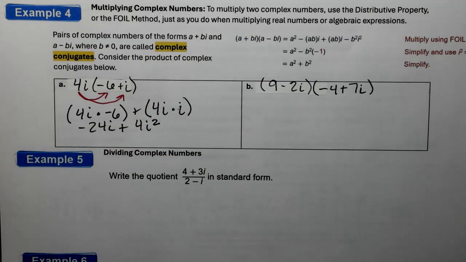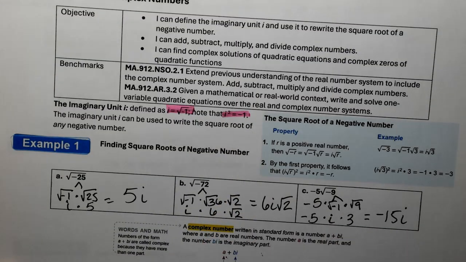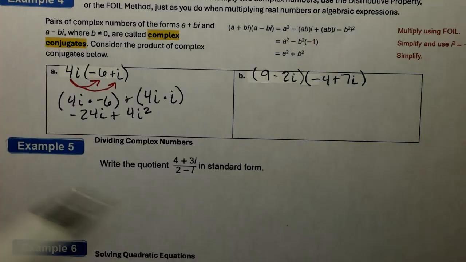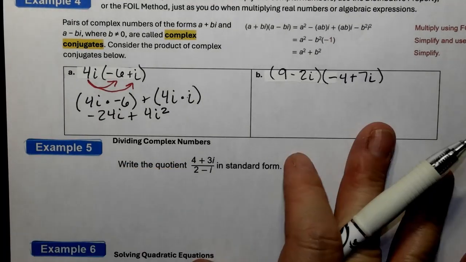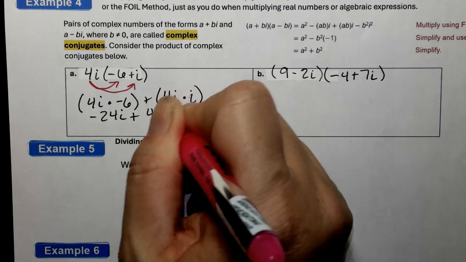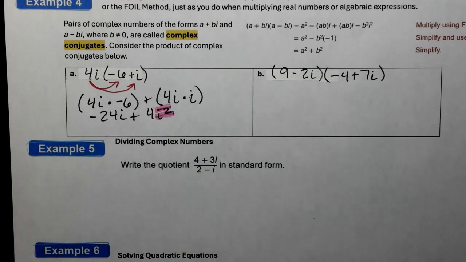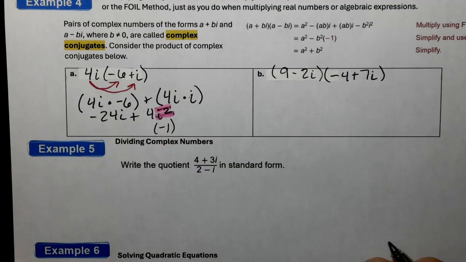Now, if you remember from the first page when I first introduced this, i squared is equivalent to -1. So you should never have i squared in your answer. If you need to make a note of that, never put i squared in your answers. So we're going to take this i squared and turn it into -1.